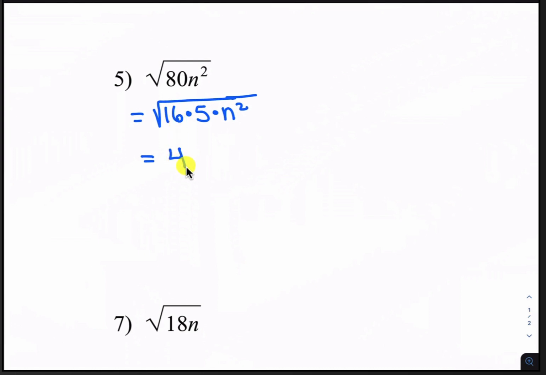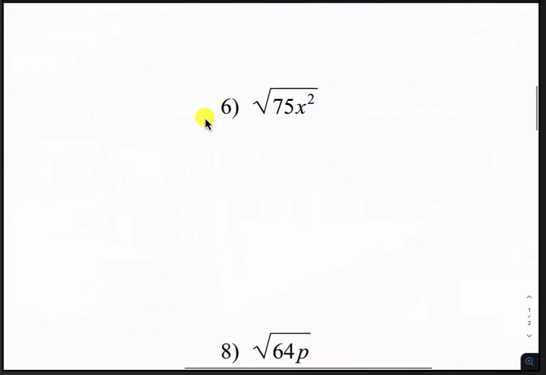So the 4 comes out. Also, this is an exponent of 2, and we divide that by 2, so 2 divided by 2 is 1, so that means n to the first comes out as well. The only thing that's left inside is the 5. So our answer is 4n square root of 5.